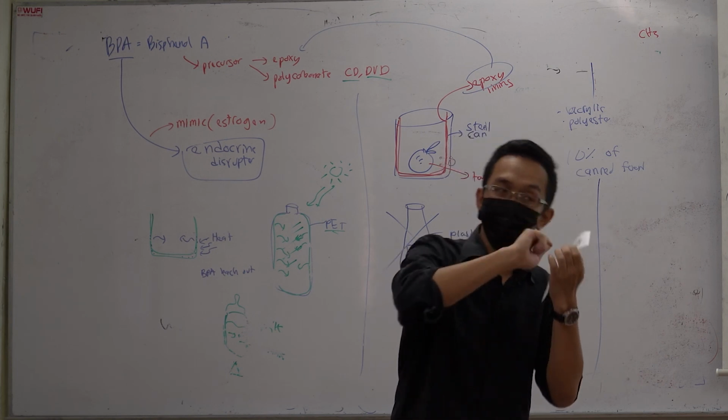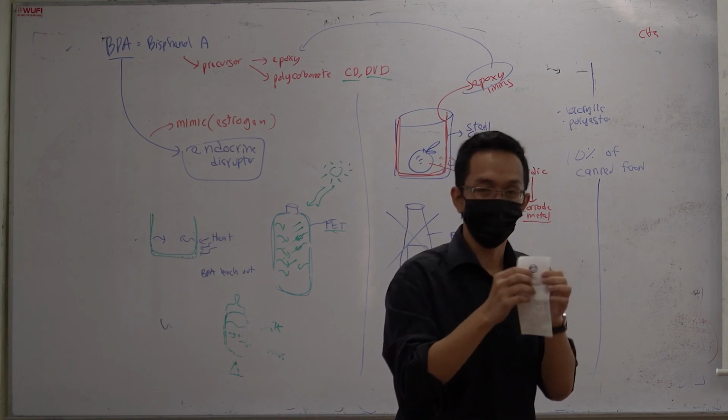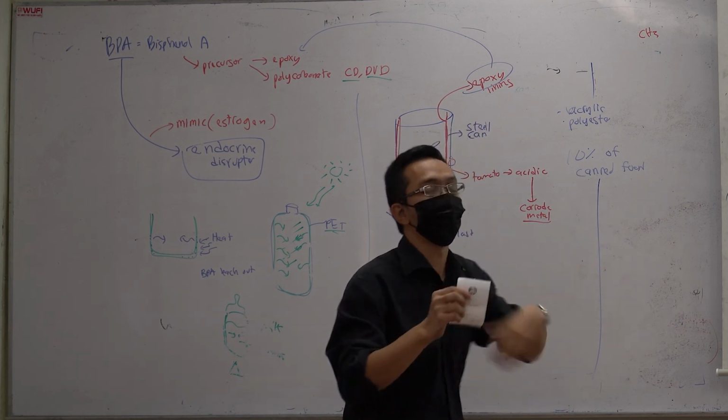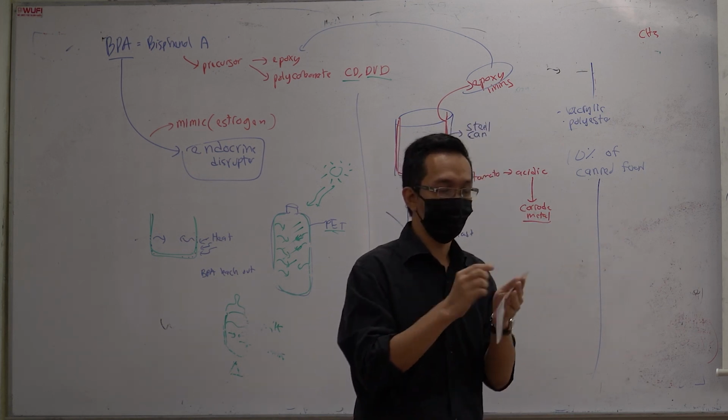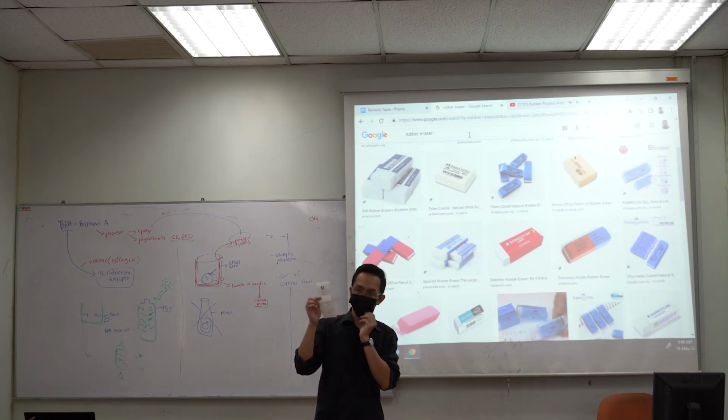What happens is that when you scratch, it creates heat. So the heat reacts with the dye inside, and they use BPA to develop the dye. That's why this receipt is also one source of BPA contamination in the world.